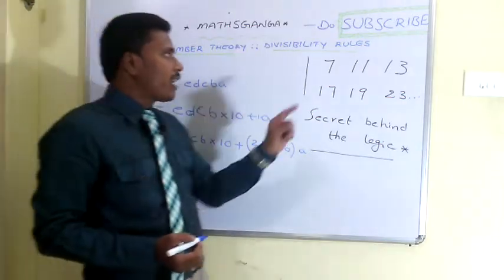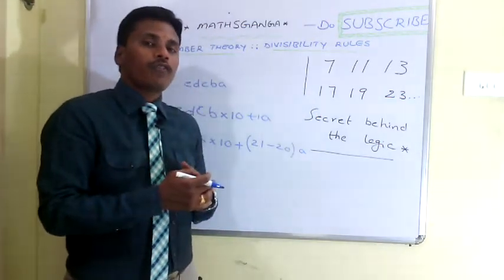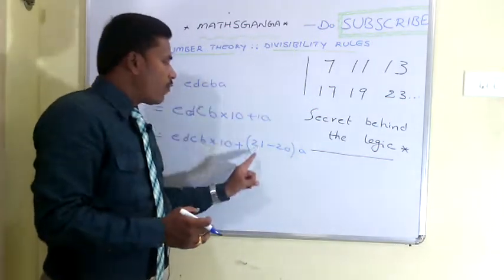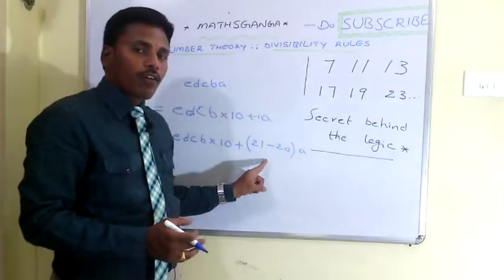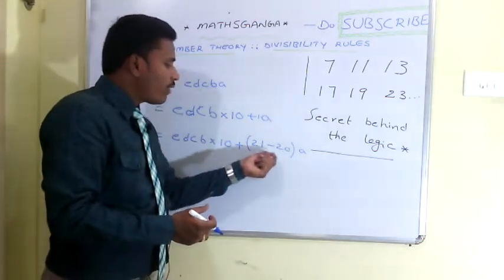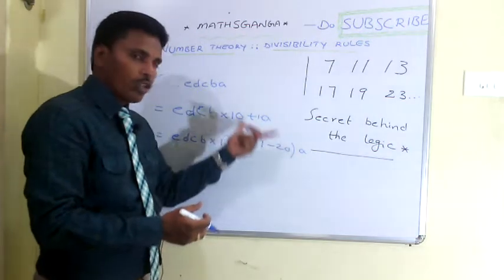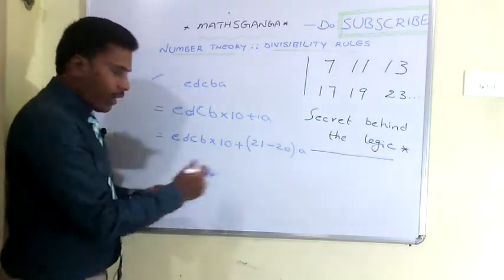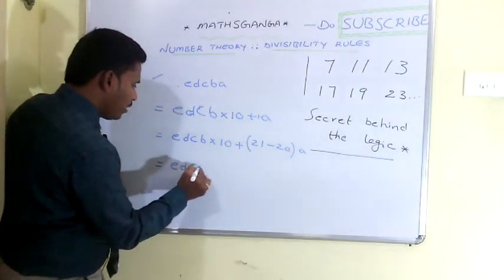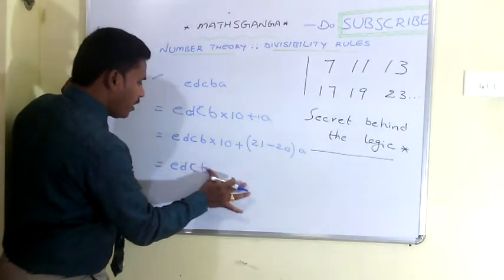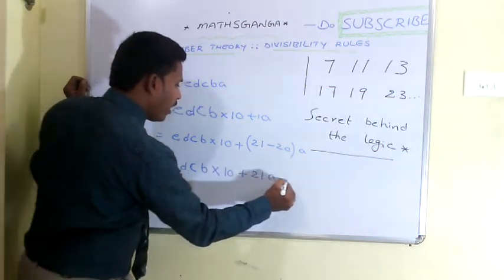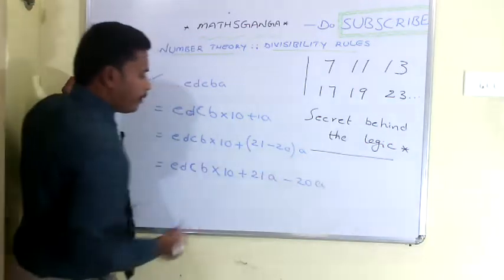See, we need to select a multiple of 7 which is of the format 10 multiple plus 1 or 10 multiple minus 1. 21 is a multiple of 7, and it is of the format 10 multiple plus 1. So I am selecting 21, and 21 minus 20 into A is 1A. Both are the same; these two are equivalent. Now this equals E, D, C, B into 10 plus 21A minus 20A.